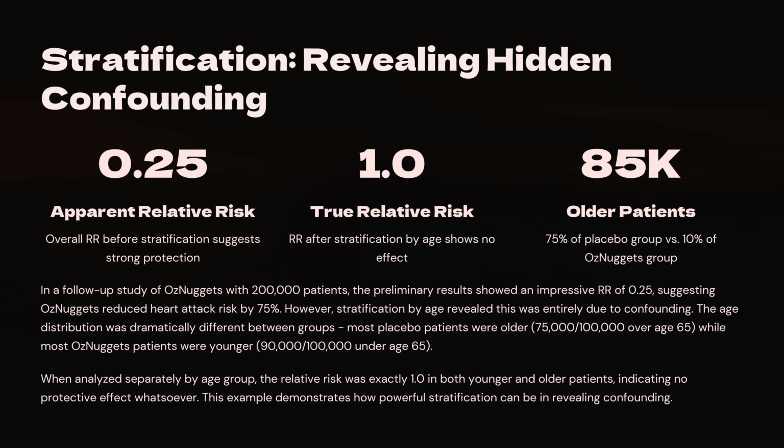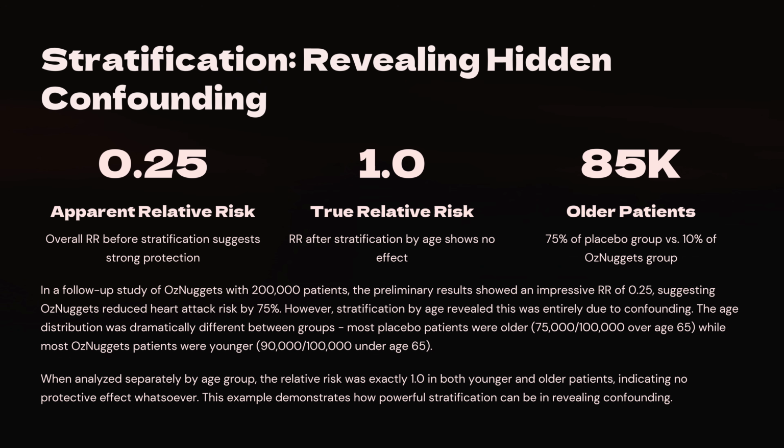However, stratification by age revealed that this was entirely due to confounding. The age distribution was dramatically different between groups because most placebo patients were older. Nearly 75% were over age 65, while nearly 90% of the Oz nugget group was below 65. So when you analyze it, the apparent relative risk was 0.25, but the true relative risk, when we stratified by age, ended up being 1. Okay?